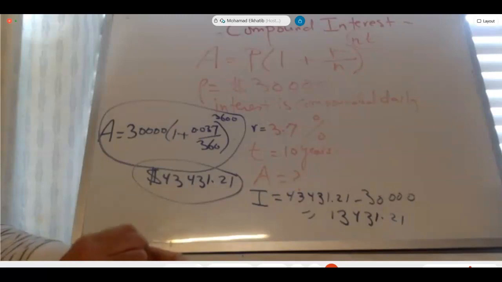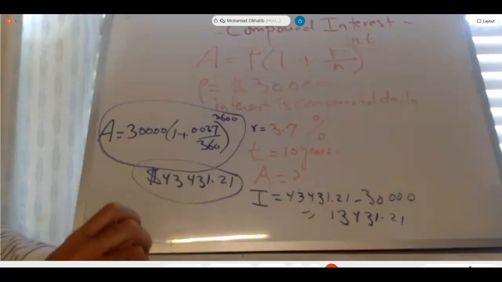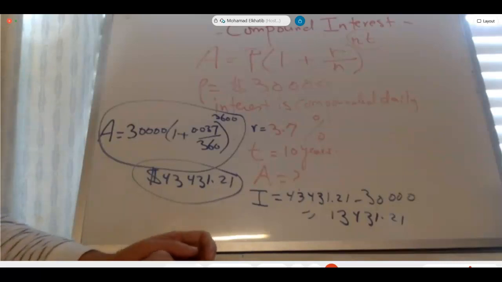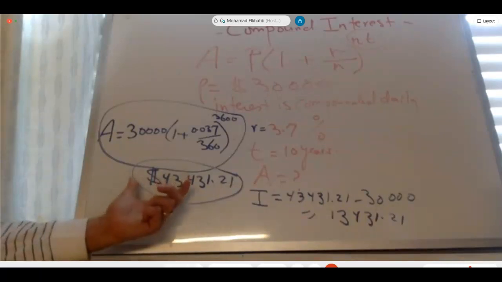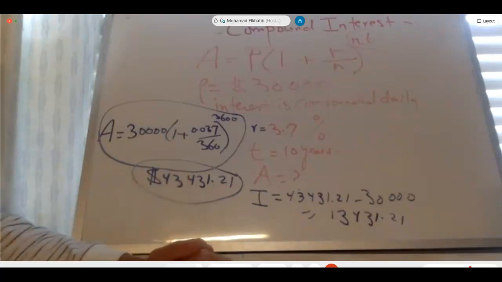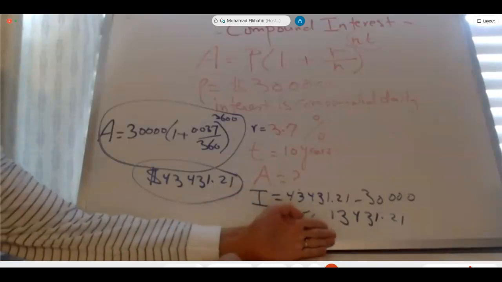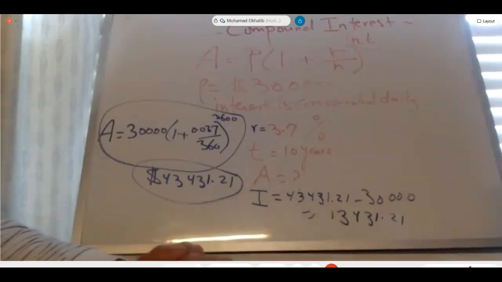So if this applies to your college loan, if you borrowed $30,000 to finish college and you pay 3.7% interest, at the end of 10 years, if the interest is compounded daily, you're going to end up paying $43,431. That means you paid 13,000 and some change in interest.